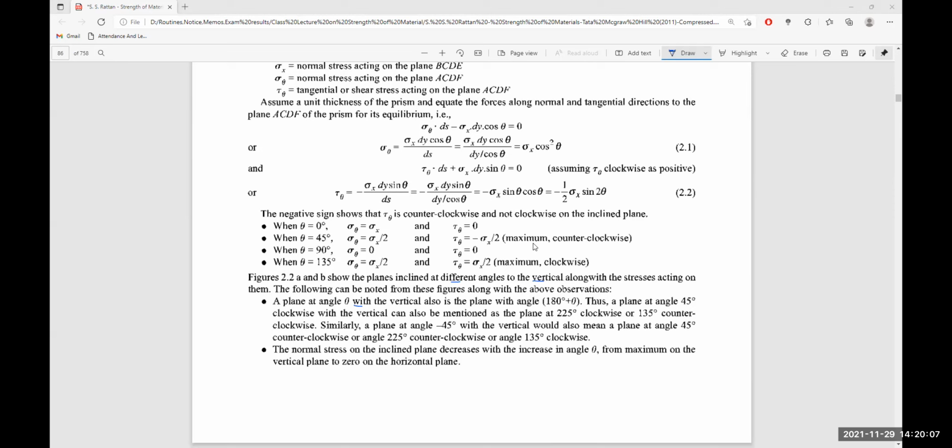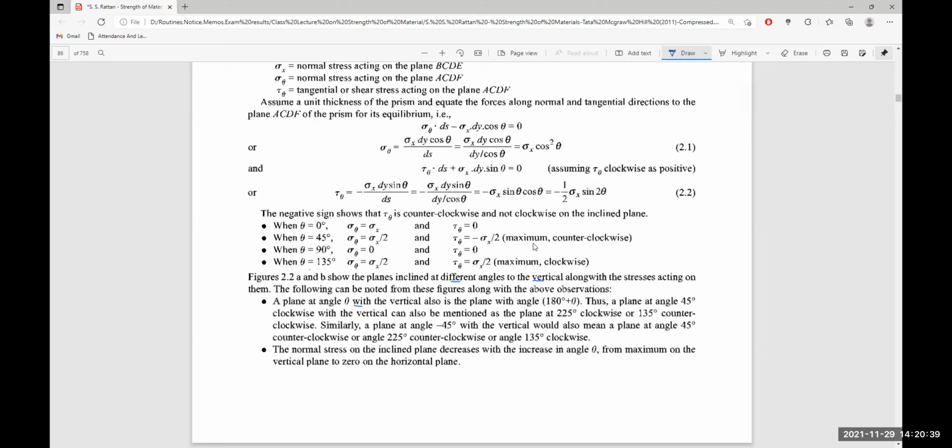So what we found from this equation is that when theta is equal to 45 degrees, sigma theta is equal to sigma x by 2, and when theta is equal to 135 degrees, it is also sigma x by 2. At that moment tau theta is equal to minus sigma x by 2, which means the shear stress is maximum but counterclockwise, and tau theta is sigma x by 2, maximum but clockwise.